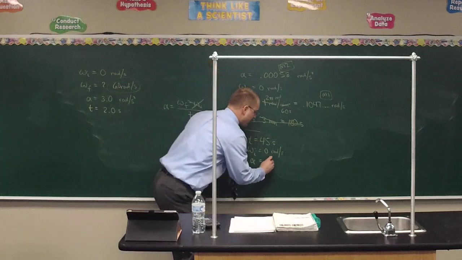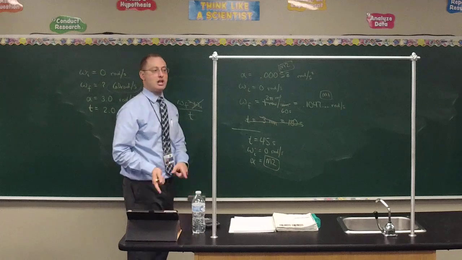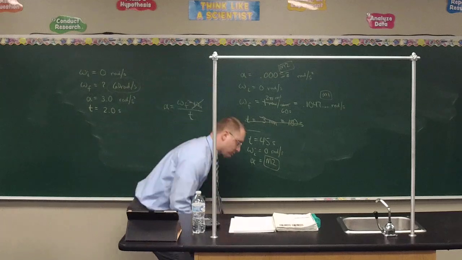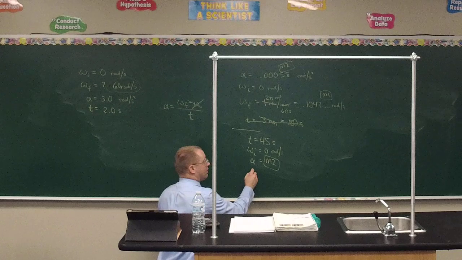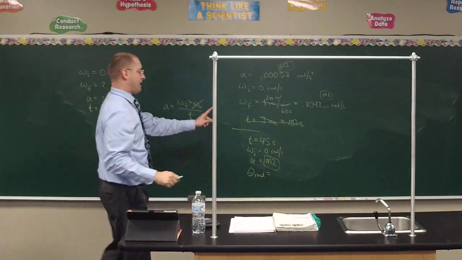So we know we have memory 2 for the alpha. And the question is, how much rotation does occur? What is the angular displacement, class? We're finding theta in radians. What equation has these variables?